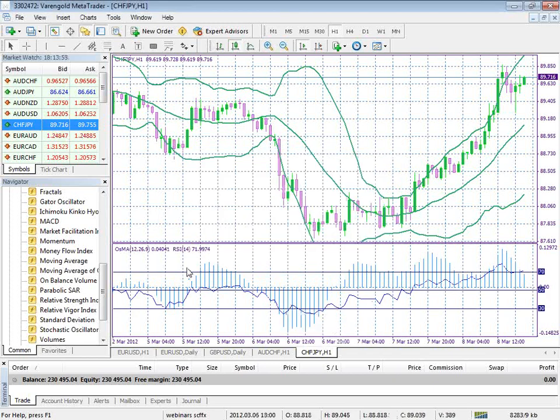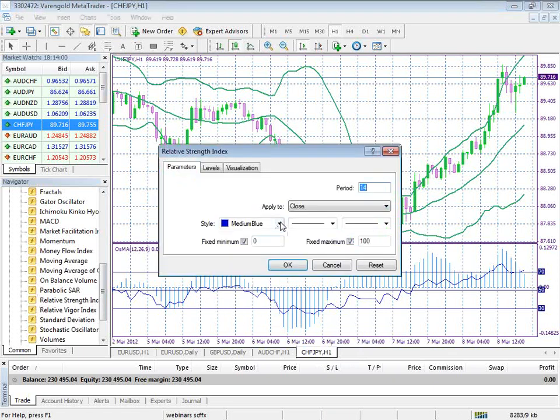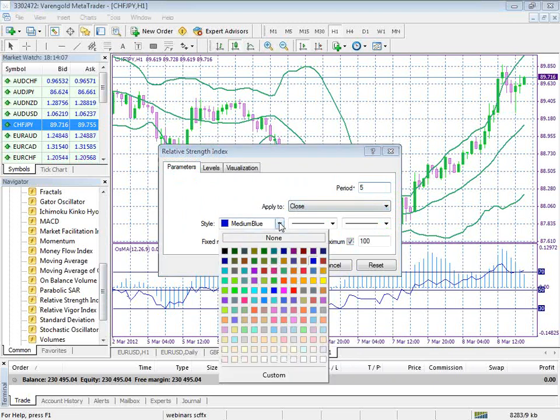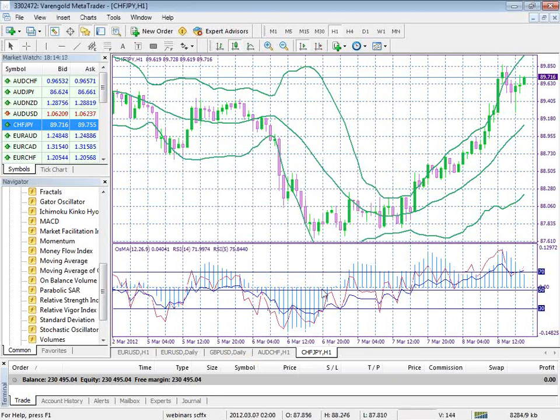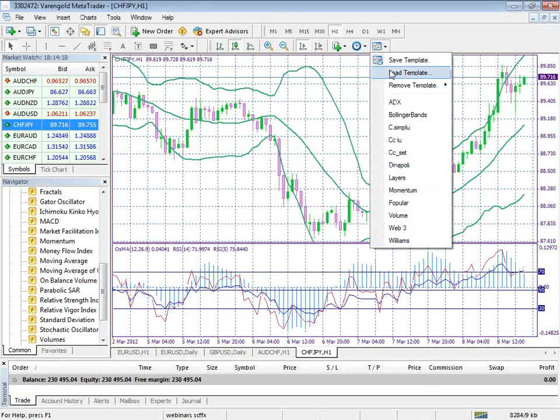So I put on the chart RSI 14. I will also put on the chart RSI 5 with a different color. And I will save the profile of this chart.